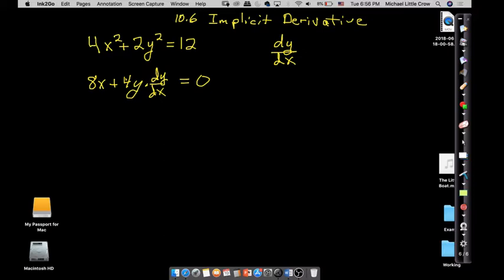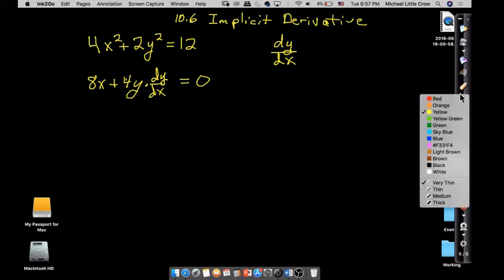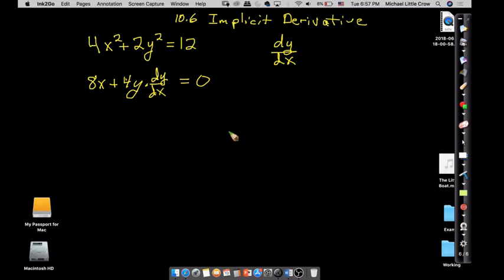So how do we figure out what dy dx is equal to? This is algebra time now, right? We've got to get it by itself. So what would you do first? Good. We should subtract 8x from both sides. And that's why it's nice to have 0 over here, because it makes the algebra really nice. 8x minus 8x is 0. So we end up with 4y times dy dx equals negative 8x.